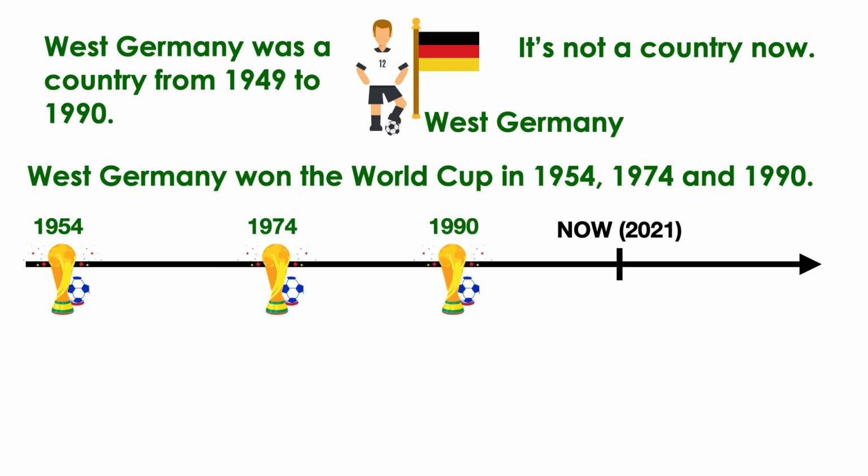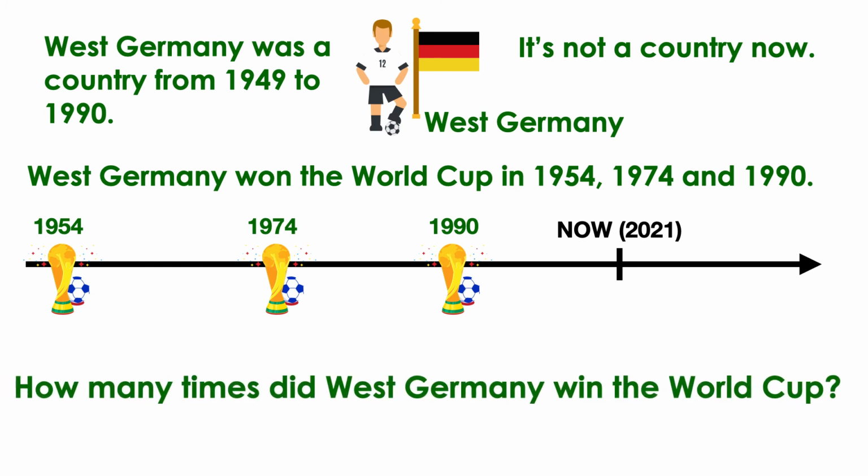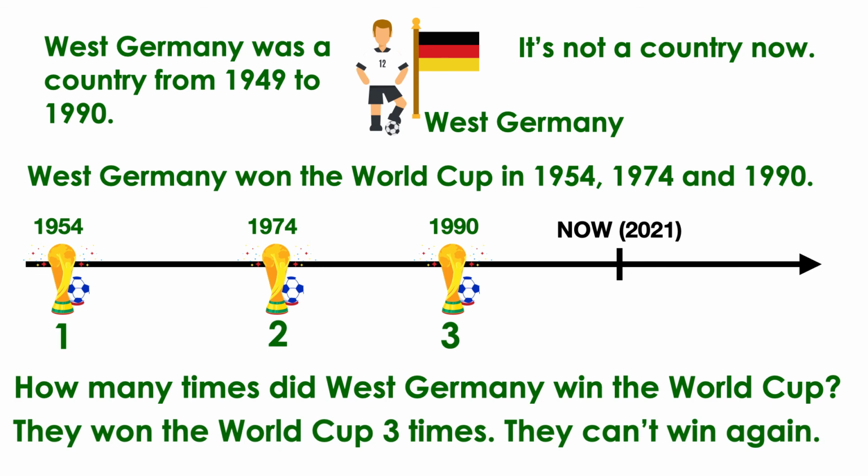So because they're not a country anymore, we would use the past tense to ask how many times. So we would ask, how many times did West Germany win the World Cup? And the answer is, they won the World Cup 3 times. They can't win again because they are no longer a country.